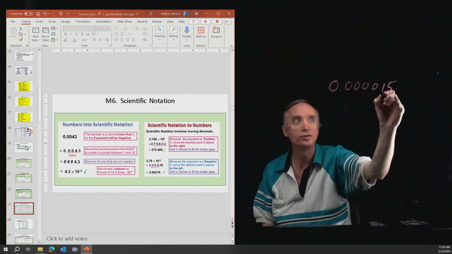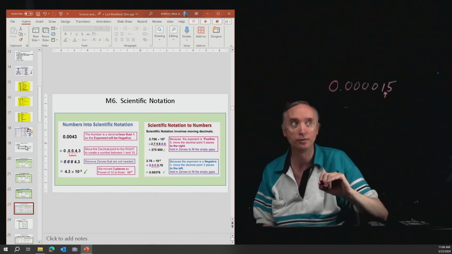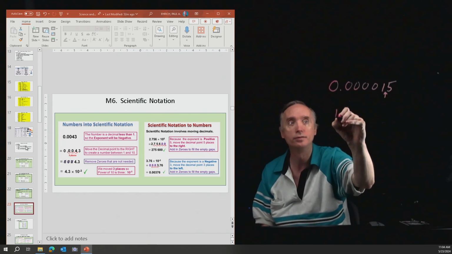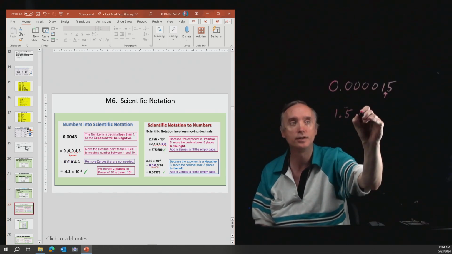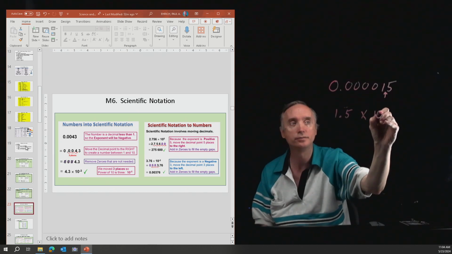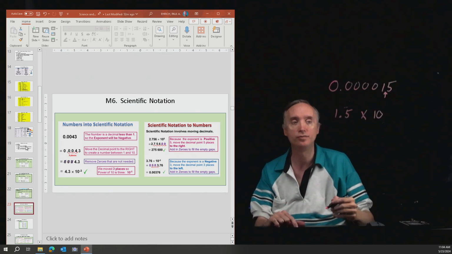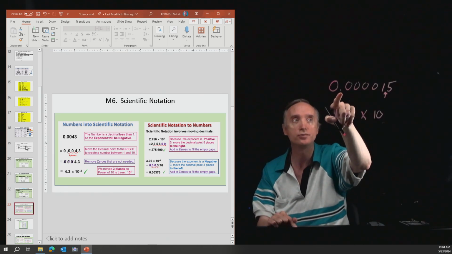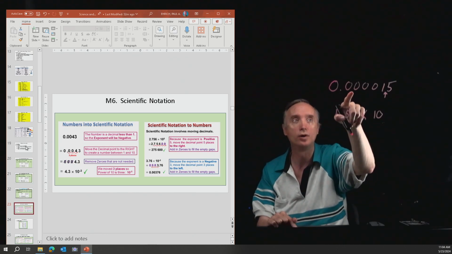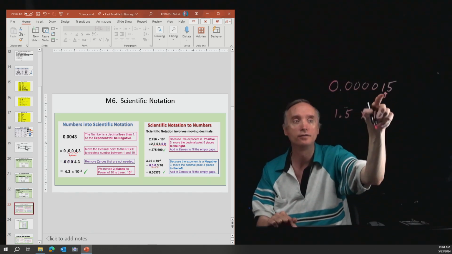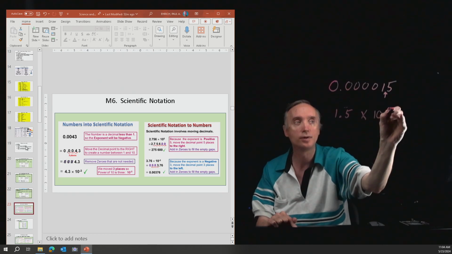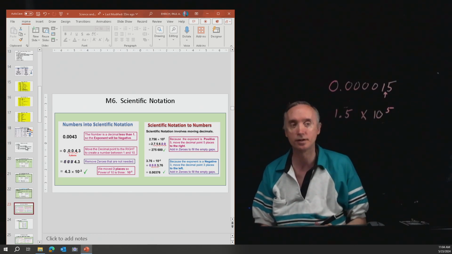So we want to put the decimal point after the first number, so that's going to be 1.5, okay, and then it's going to be times 10. All right, now we need to move the decimal point, so here's where it used to be, and I'm going to move it 1, 2, 3, 4, 5 places, so my answer is 1.5 times 10 to the 5th, right?